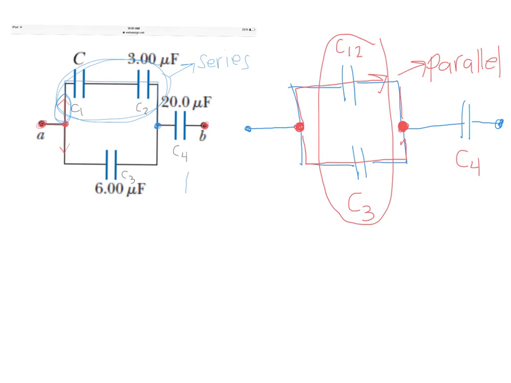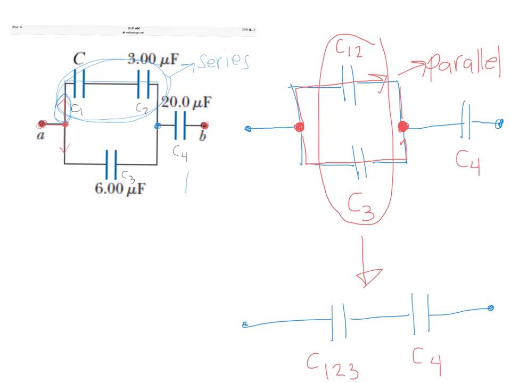so that we can have something that could look like this. Wherein the first capacitor is C1,2,3, and this other capacitor is C4.